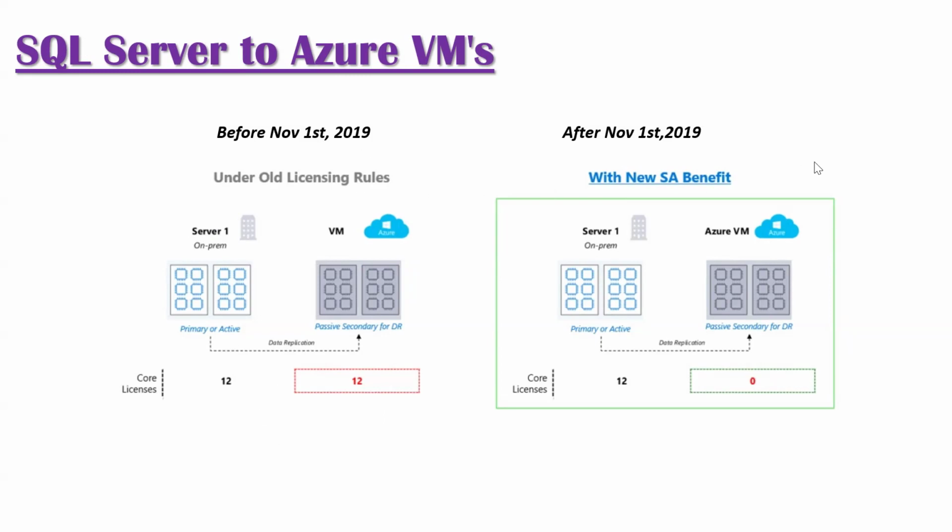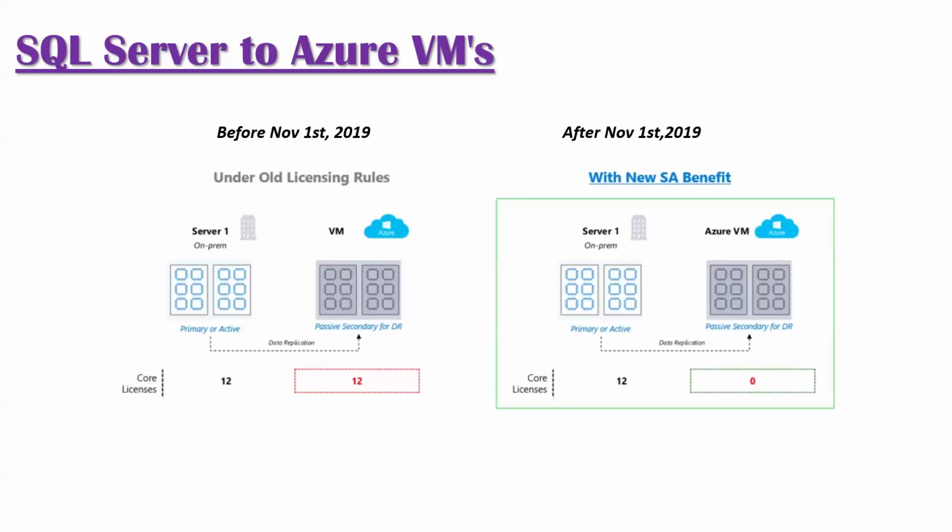From 2019, using the software assurance benefit, you need not pay, sir. Even when your data goes from on-prem to cloud, Microsoft is not charging. If you place one VM on-prem and one VM in the cloud, Microsoft is not charging.